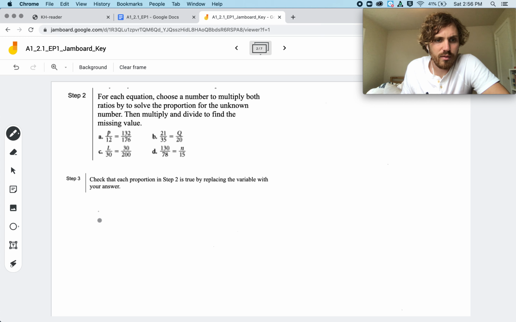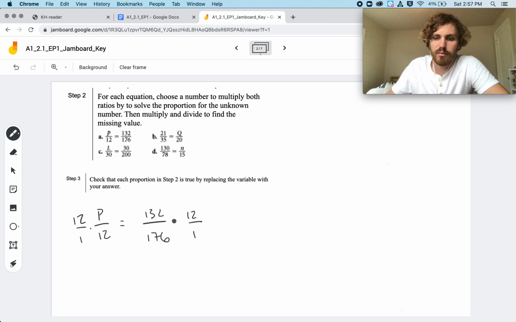So for a, we have p over 12 is equal to 132 divided by 176. And so what I see is that p is divided by 12, so to undo that division and get p alone so that we know exactly what p is, I can multiply by 12 over 1, or 12, on both sides.